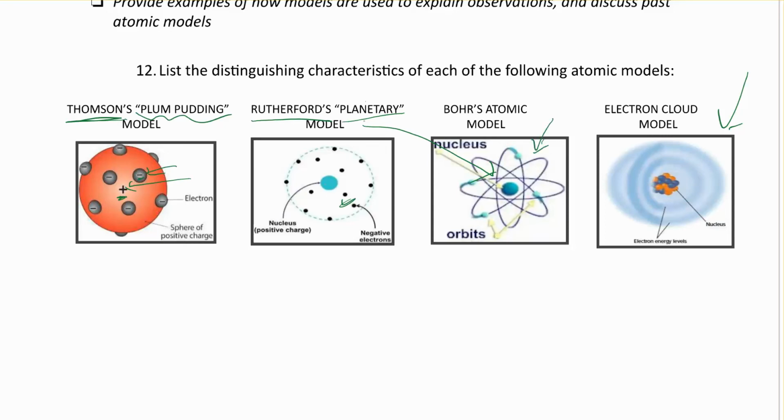So Rutherford's model, or planetary model, he figured that there were all these negative things, these electrons, orbiting around a positive thing in the center. Which made a lot of sense, and as a kid I thought this made a lot of sense because it's just like what the planets do. It just seems like if I get even smaller, we've got the same type of thing happening at the very small level as we do at the very big level with the solar system. So that's what he thought. That's probably all I'll say about that.